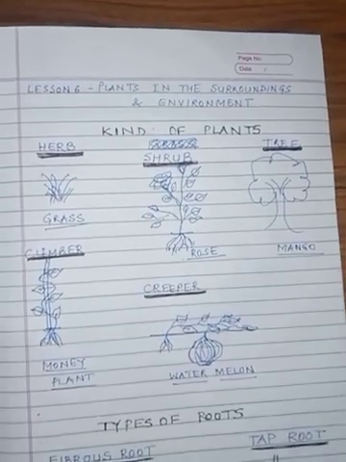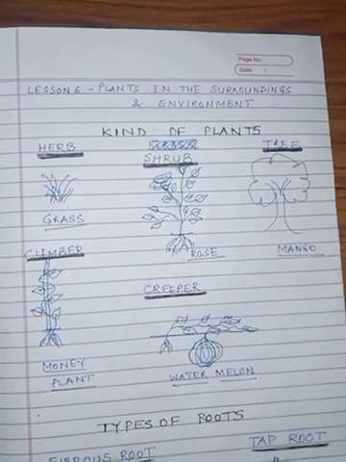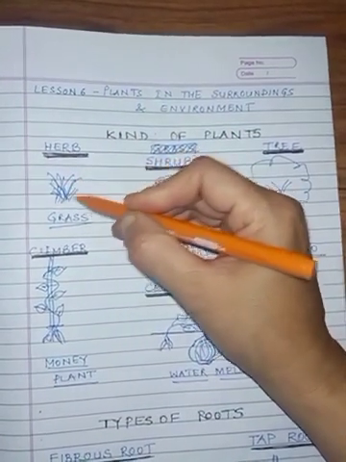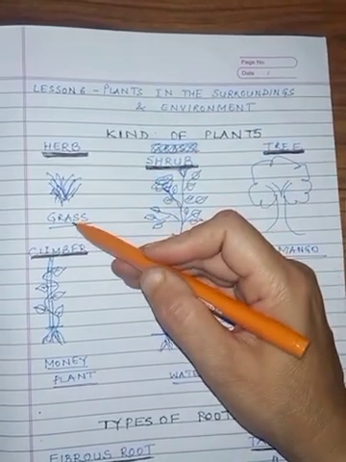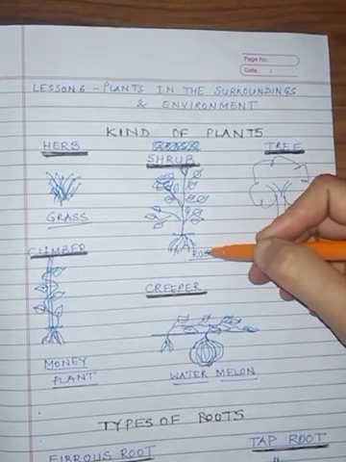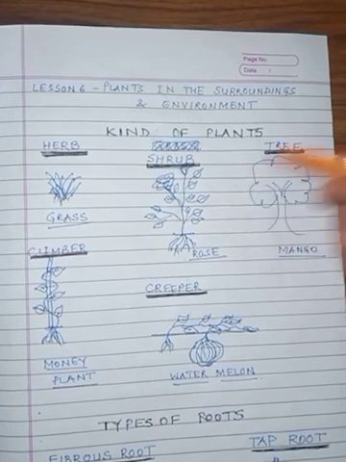Again, you see the diagrams. I have drawn them in my notebook just to show you. This is a herb. Grass is an example of herb. Shrub, rose plant. Rose plant is the example of shrub.